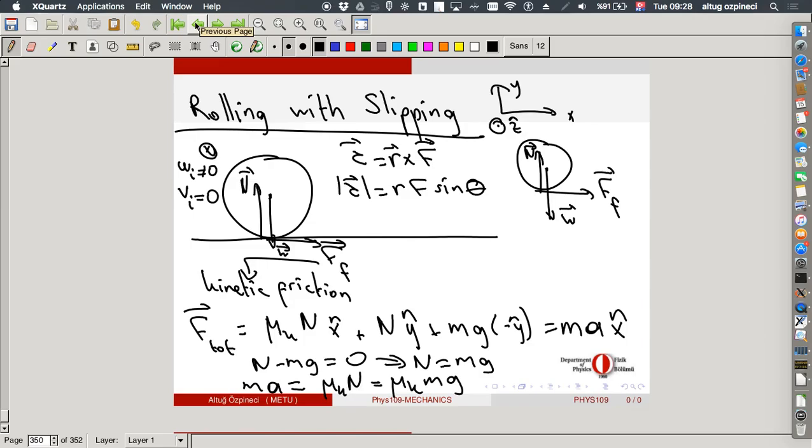In fact, once it starts rolling without slipping, there won't be any friction force. So in an ideal case, when there is no drag force, when there is no rolling friction, the ball will just roll until infinity after that time, with a constant angular velocity and a constant linear velocity.